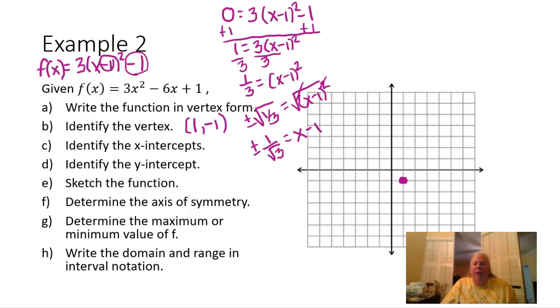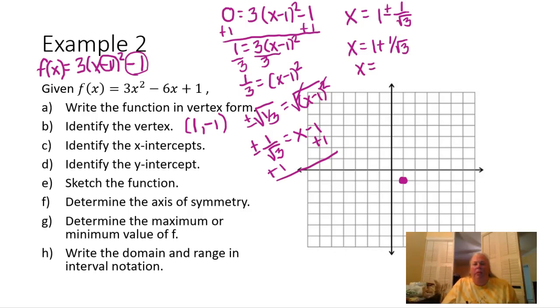And then over here, we've got x minus 1. Let's add 1. All right, so we have x is equal to 1, plus or minus, 1 over the square root of 3.